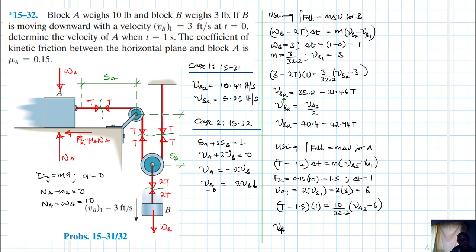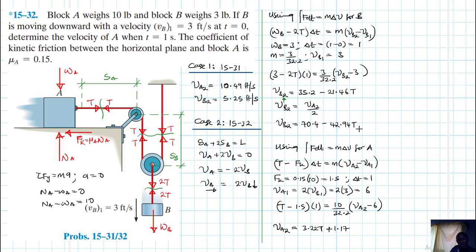Therefore our VA2 is just going to be equal to 3.22 T, minus 1.5 divided by 10 over 32.2, then plus 6, so we have plus 1.17.